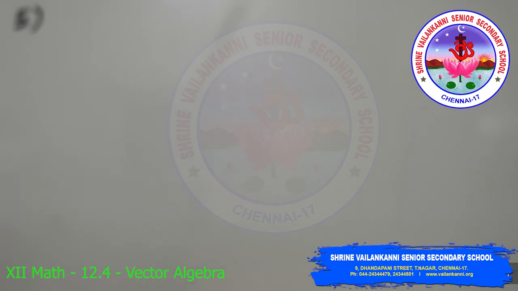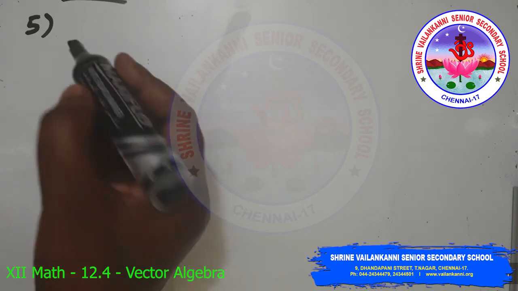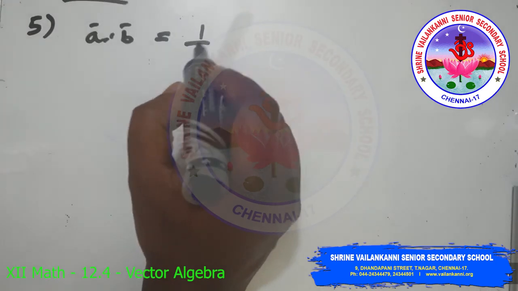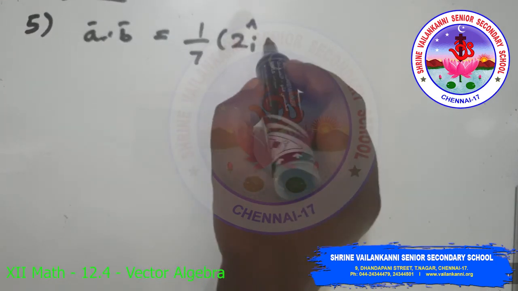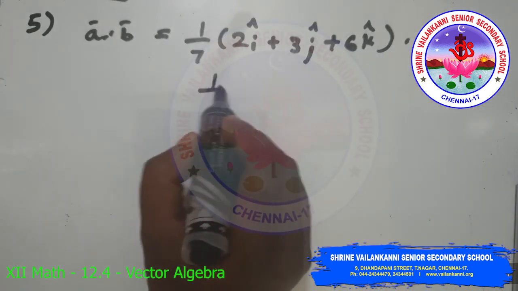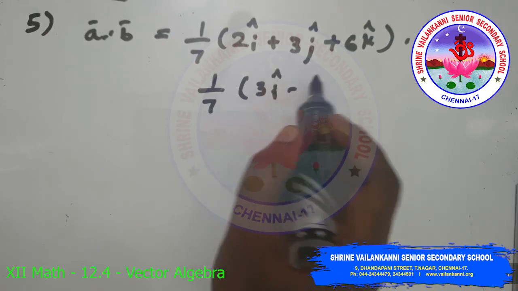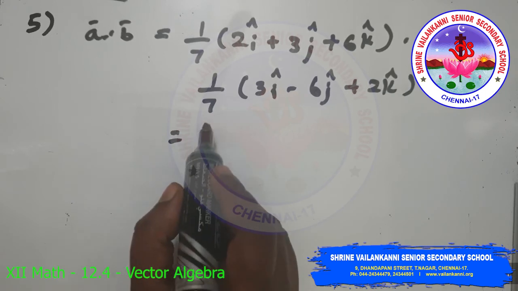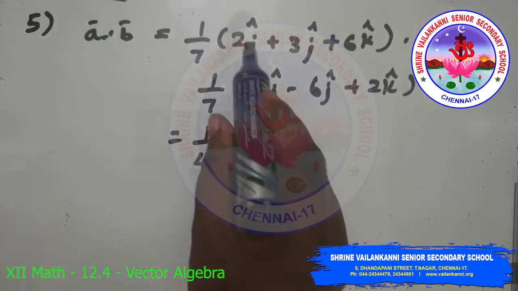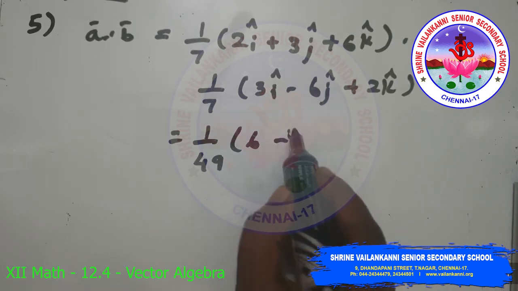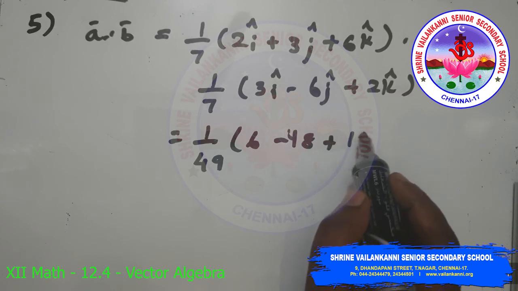Now we have to show that they are mutually perpendicular to each other. So A dot B equal to 1 by 7 of 2i plus 3j plus 6k dot 1 by 7 of 3i minus 6j plus 2k, which is equal to 1 by 49 of 2 into 3, 6, 3 into minus 6, which is minus 18, 6 into 2, which is 12.